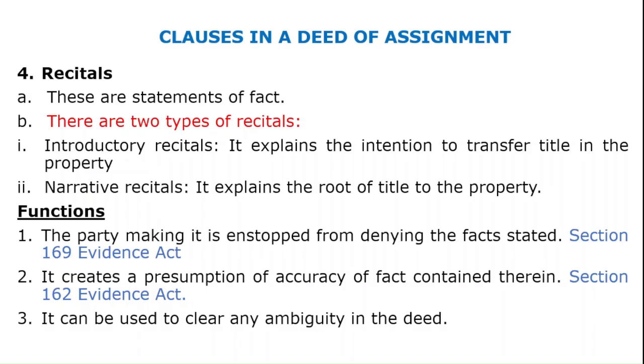Where there might be ambiguity in the operative part of a deed. Let's say, for example, that the lawyer did not include the consideration clause, so we don't even know the amount. But he included it in the recital. What will happen is that the court will rely on that recital to clear whatever ambiguity.